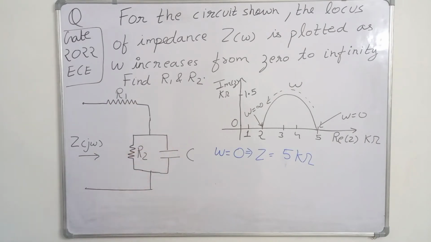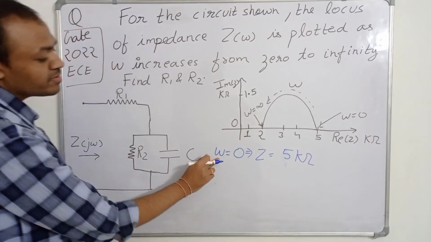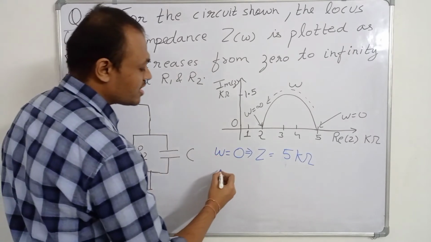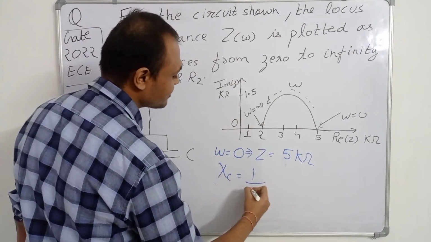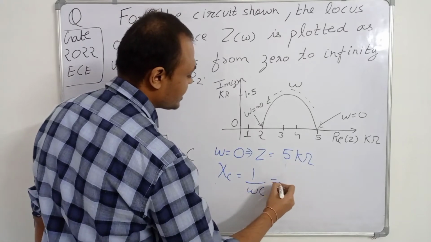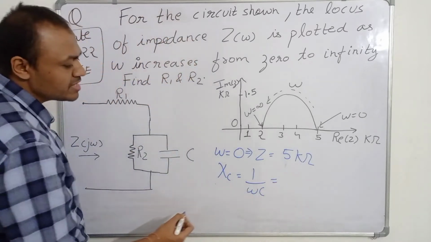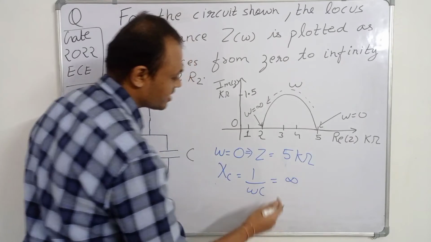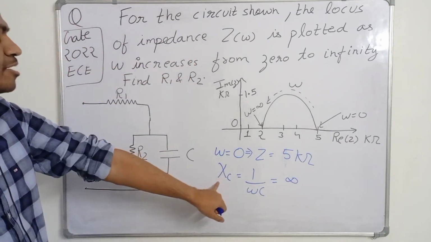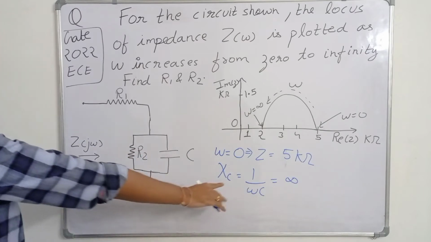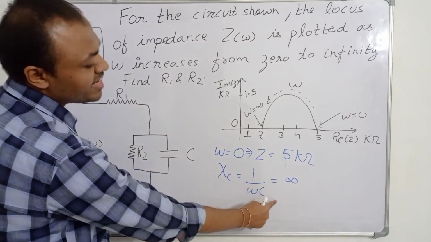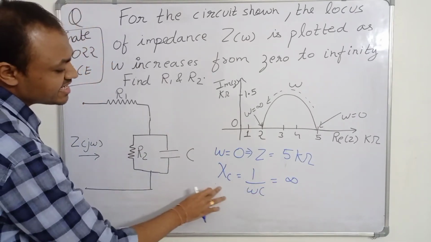Now if frequency is 0, then Xc, the capacitive reactance, is given as 1 upon omega C. So at omega equal to 0, Xc will be infinite, and we can interpret that the capacitor offers very high impedance to a DC signal.